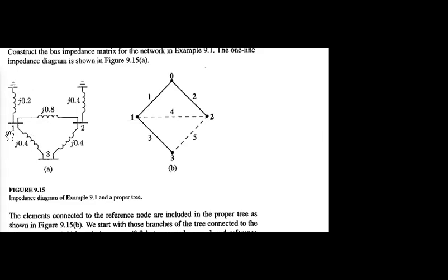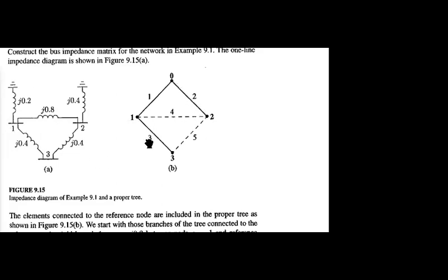Now let's see how many nodes are there. 1, 2, 3 in that impedance diagram, and one reference node. Likewise, in that tree diagram, we have 0, 1, 2, and 3. These are the 4 node position, and in between 0 and 1, we have one element. That element is that branch element, which is the number 1. And there you can see between 2 and 0 reference, we have another element, which is another branch.